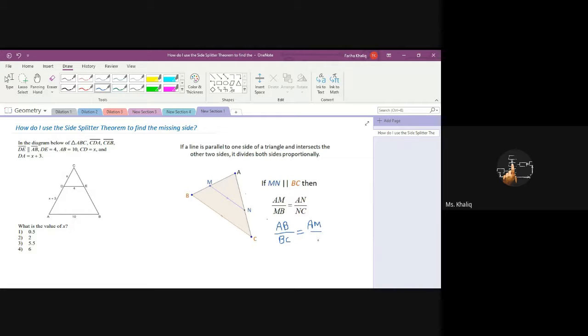And you could have done the same thing for the other side. So AC over BC is the same thing as AN over MN, all right? So as long as we are looking into the proportional sides of both triangles, the bigger triangle and the small triangle, then we're pretty much set, okay?